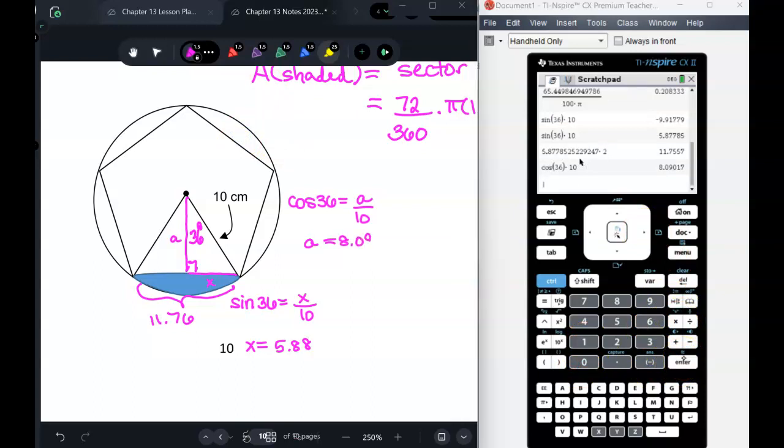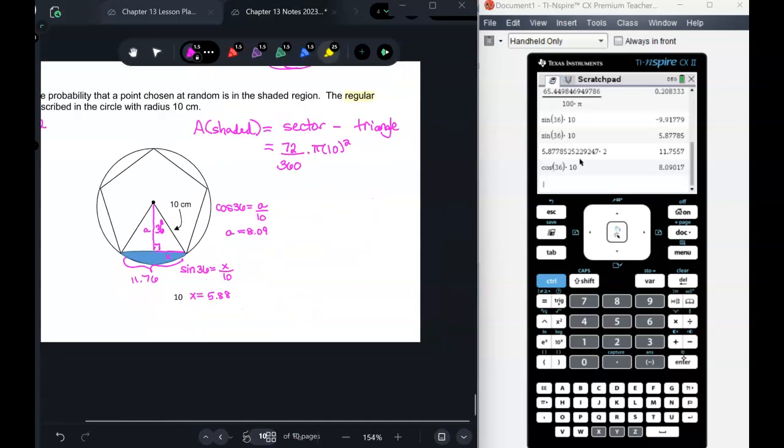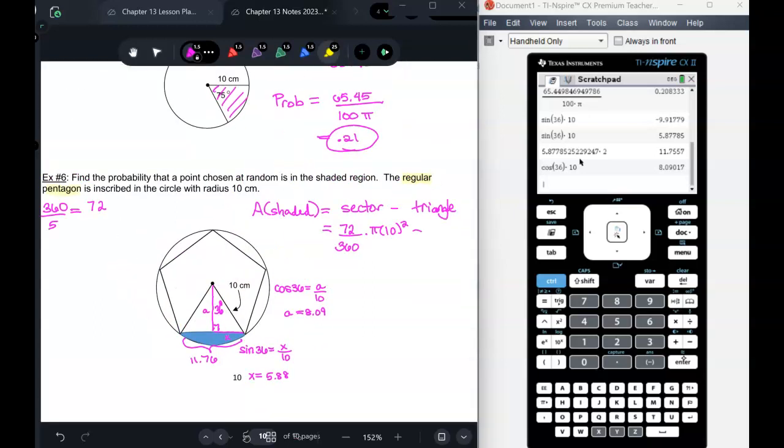Are we alright with that, Lauren? Yeah. Okay, so we're going to subtract the triangle.